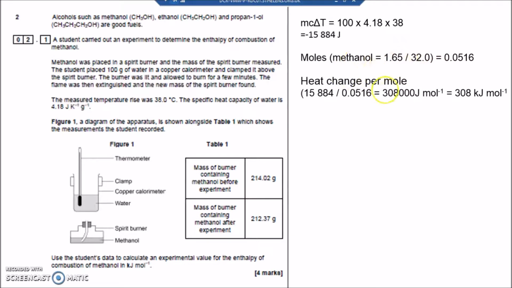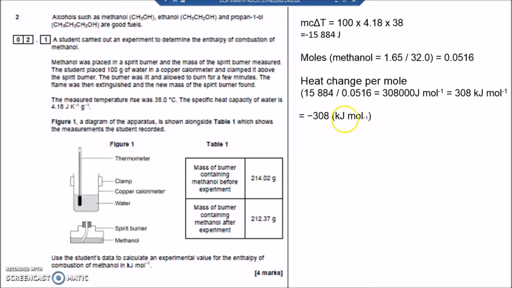So heat change per mole, I divide by 0.0516, and it turns out to be 308,000 joules for a mole of methanol burned. I can now divide that by 1,000, and it tells me it's 308 kilojoules now rather than joules, per mole of methanol burnt.